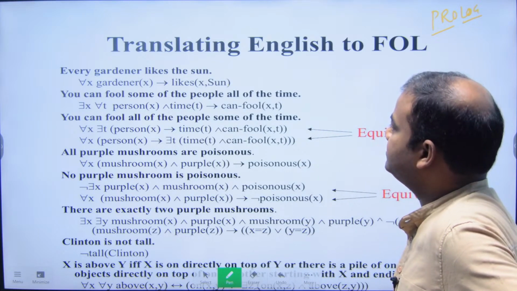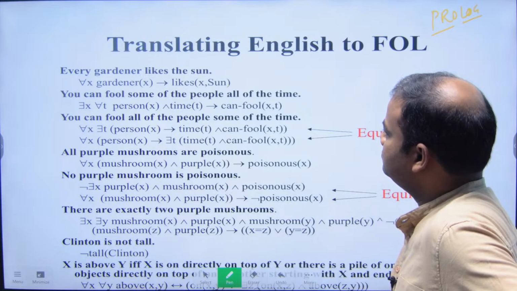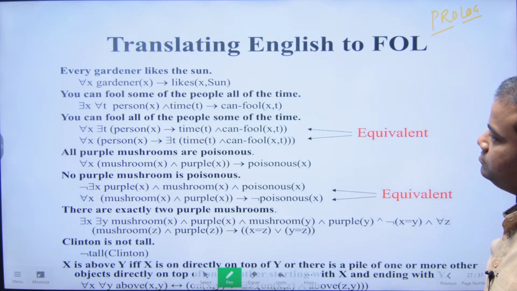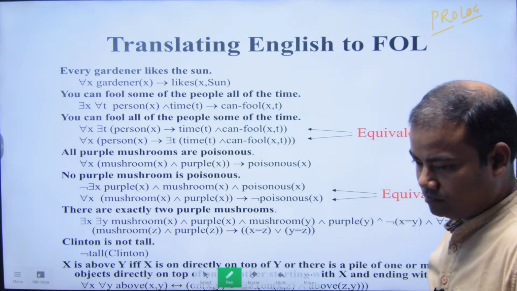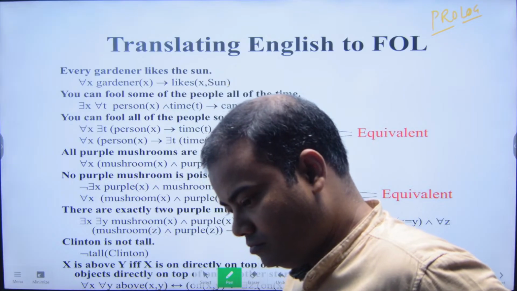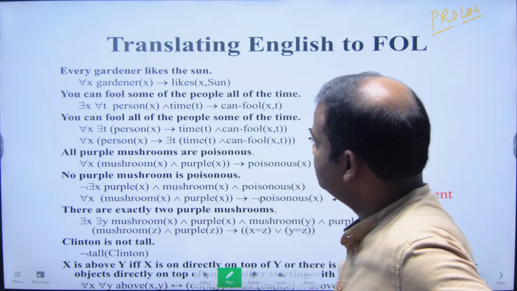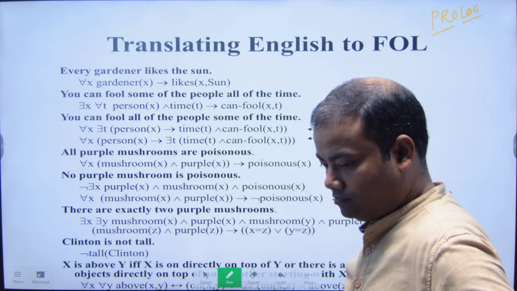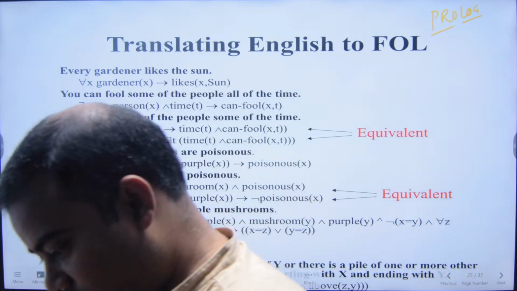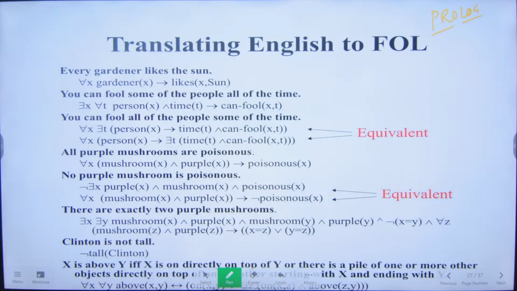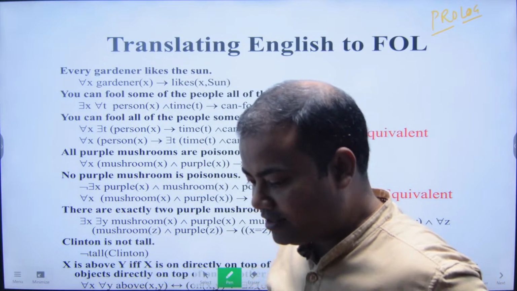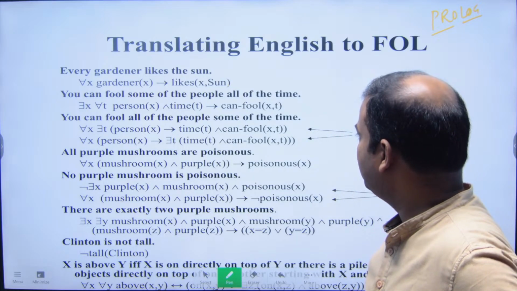Every gardener likes the sun. Yes, so for likes there must be some predicate, so you can represent it by L. L(x) means, so you understood this?